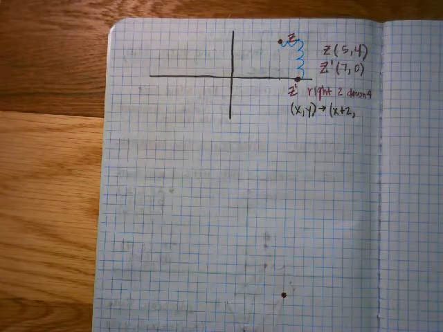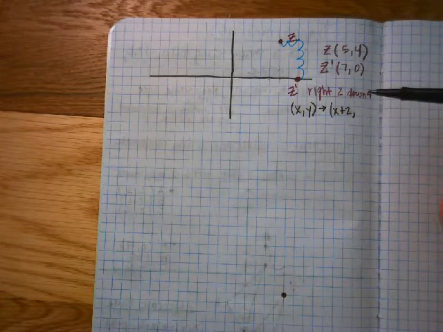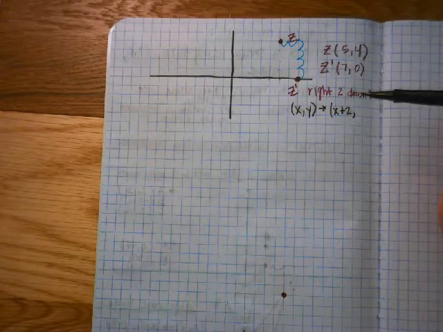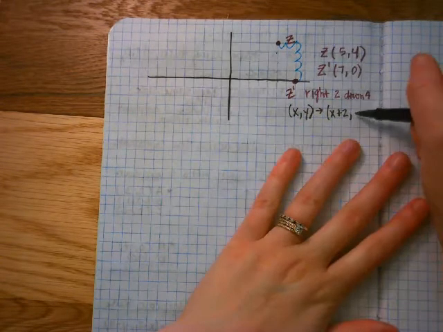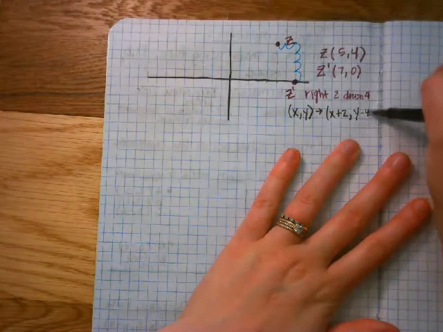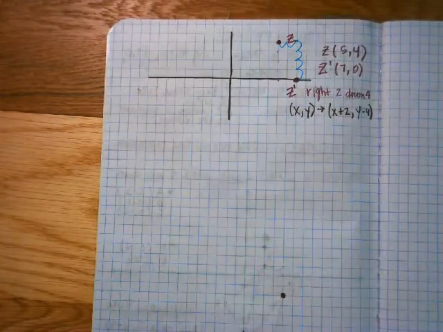Anybody know what we did to Y to get from 4 to 0? Good. Subtract how many? Beautiful. Look at that. You wrote a rule.